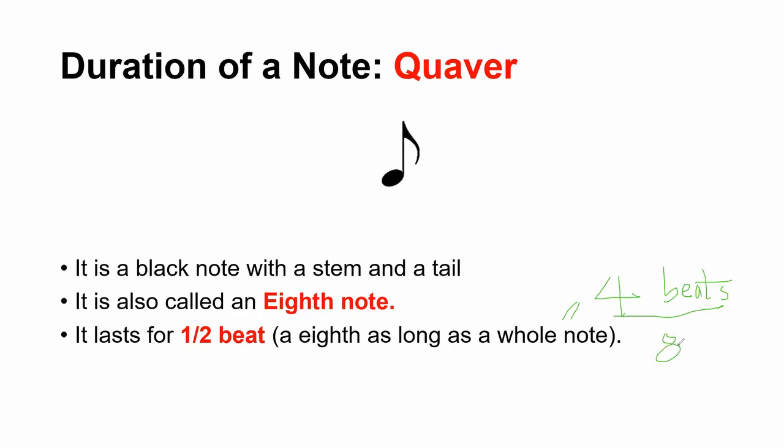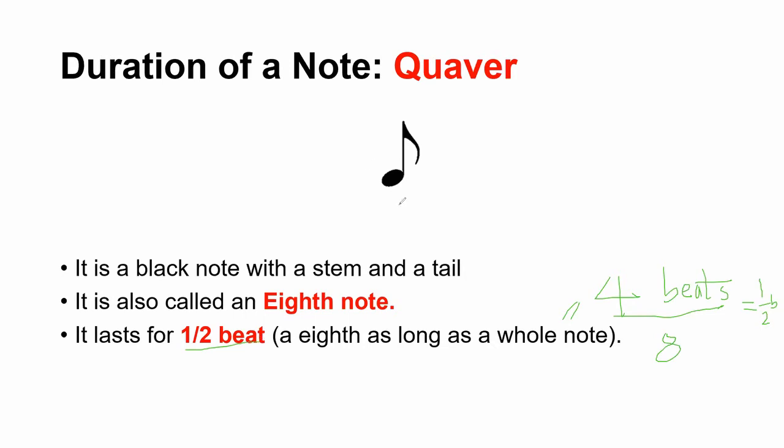When you divide 4 beats by 8, how many beats do you get? Archippus? How many beats do you get when you divide 4 beats by 8? Half. Half. Thank you. You get half beat. So that is the quaver. The quaver lasts for half beat.